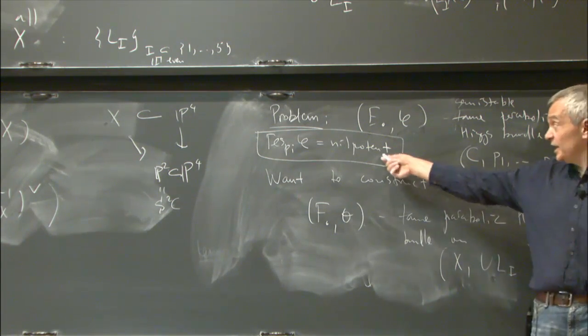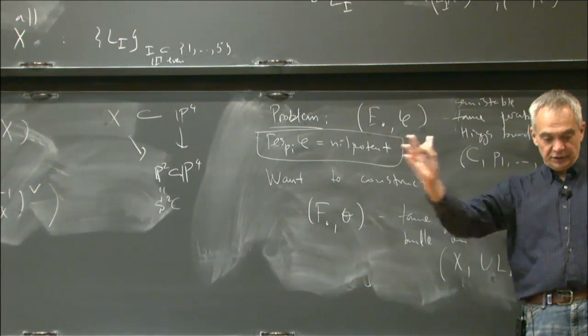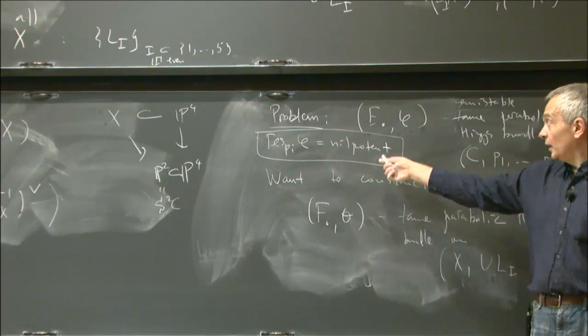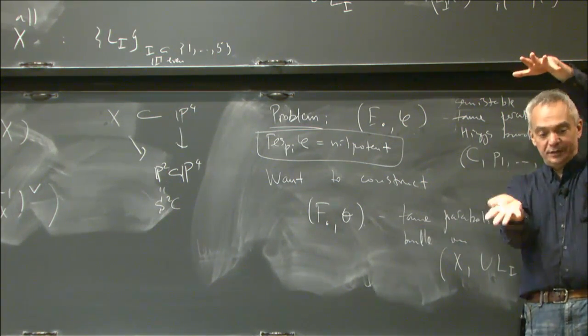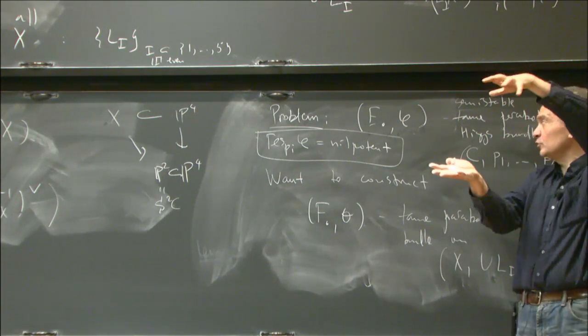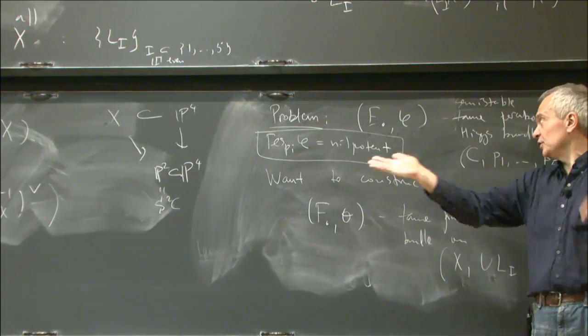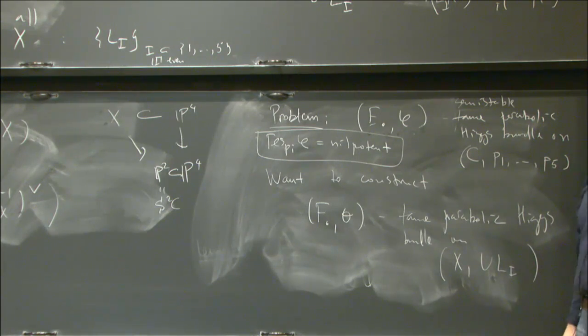And in this case, this leaf, which is in the center of the family, has connected fibers. So this is somehow the ramification locus for the Stein factorization of the Hitchin map. So a basic question.